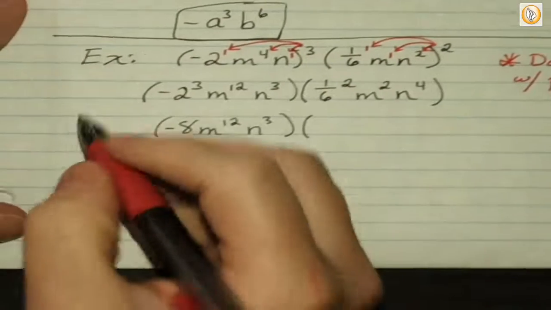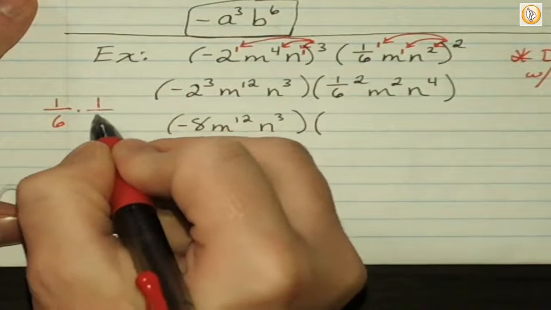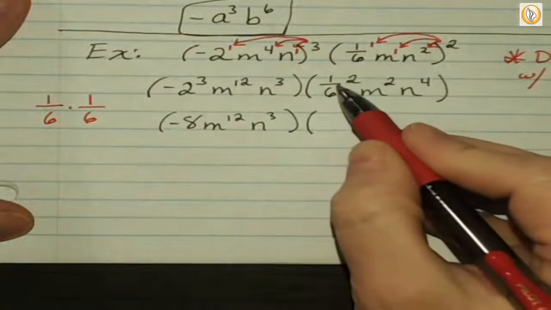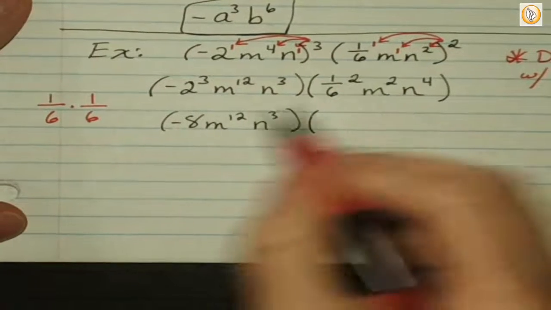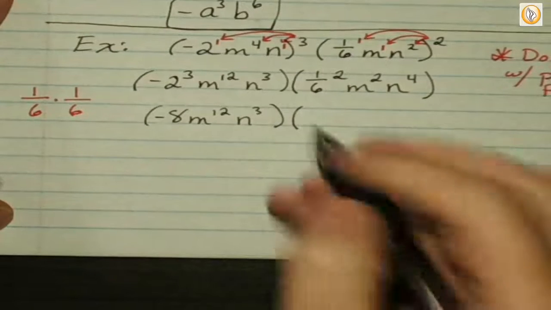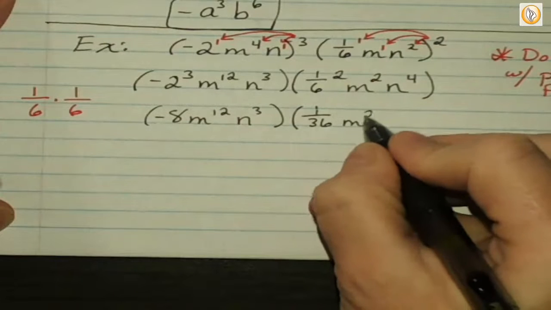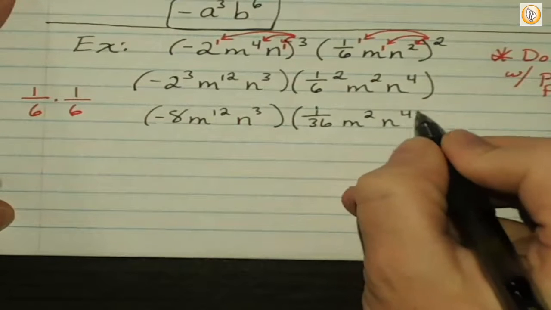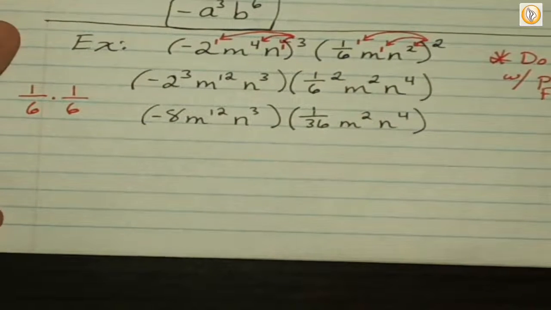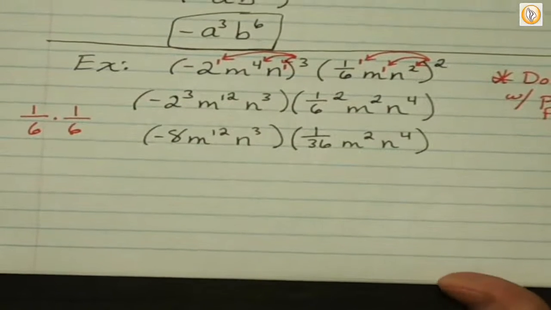No. 1/6 times 1/6. Because it's 1/6 to the second power, so that means 1/6 times 1/6. 1/36. There you go, 1/36. Good job. m squared into the fourth power. Okay, any questions where we got this? Speak now, forever hold your peace.